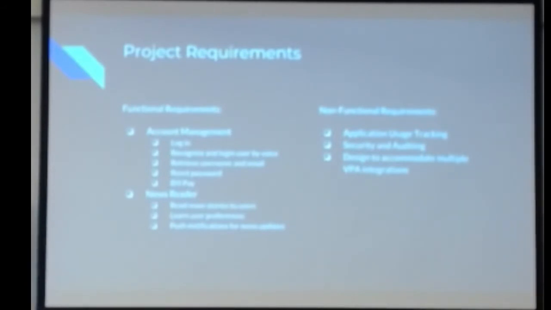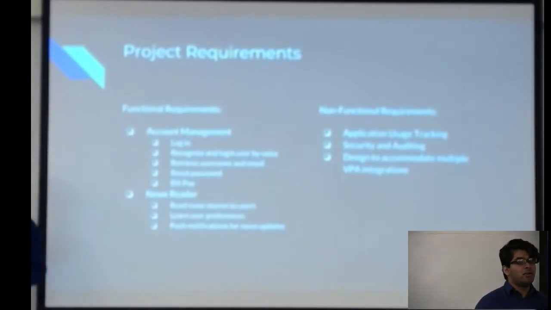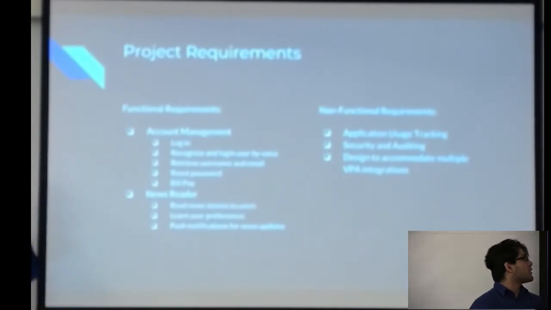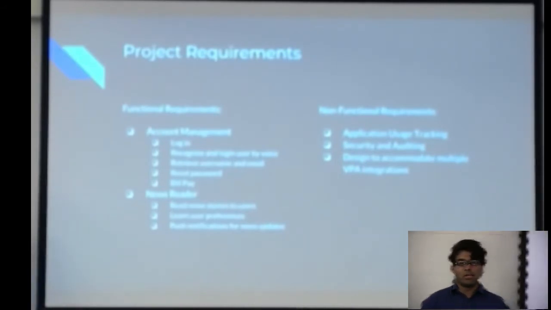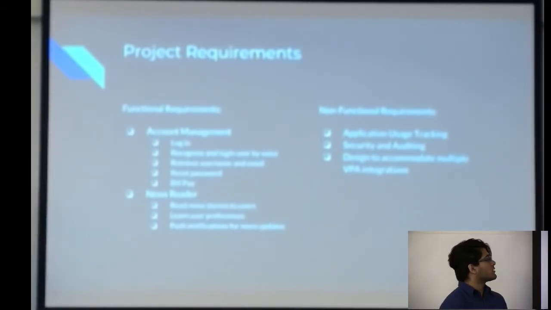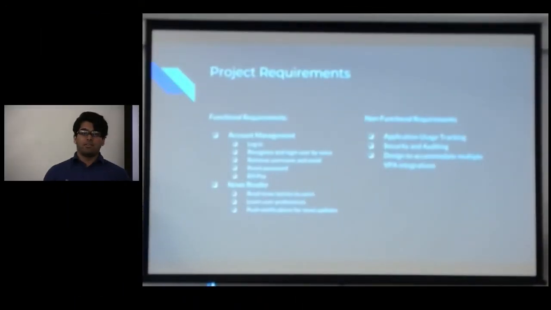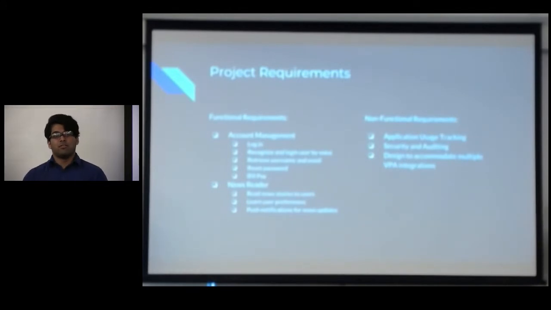So onto the requirements that we gathered from the project synopsis that we were given, as well as speaking to Synacor to try to understand the scope of the project. We gathered two main functionality requirements, which are account management, including logging in, configuring your account, things of that nature, and a news reader where you'll actually be having the Alexa read news to you from specific categories and starting to learn your preferences.